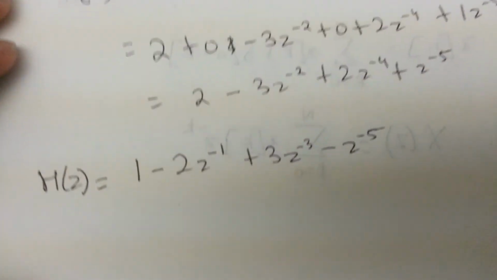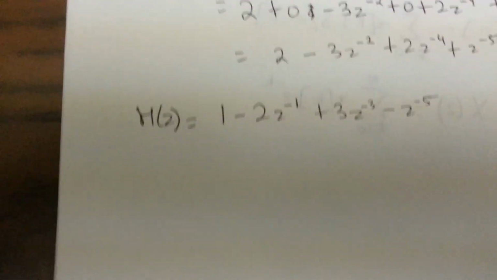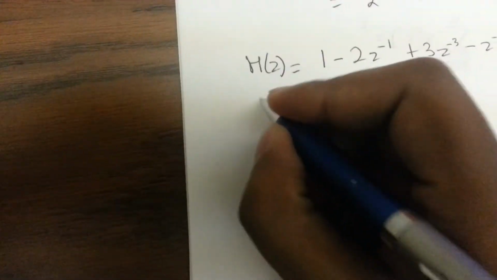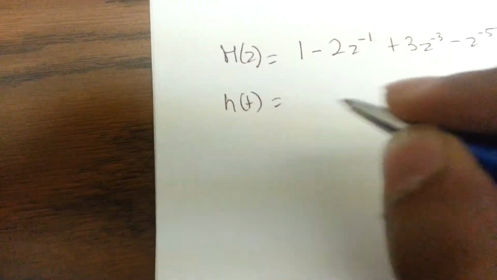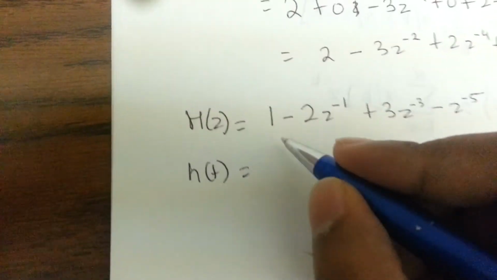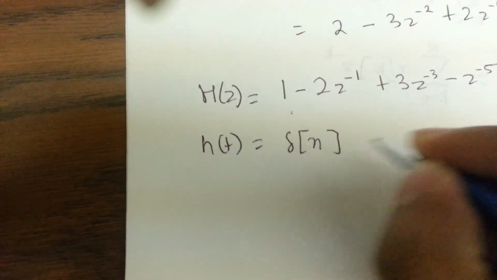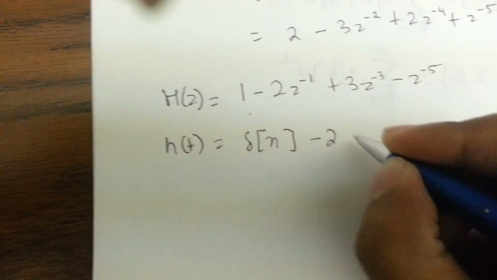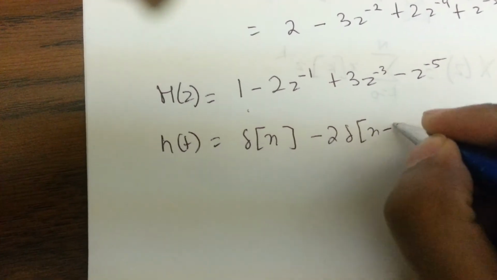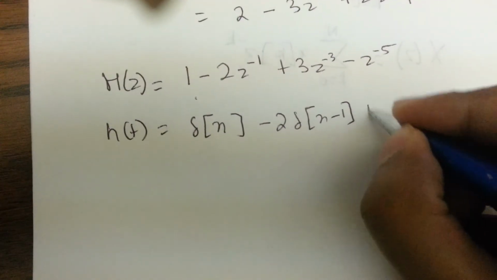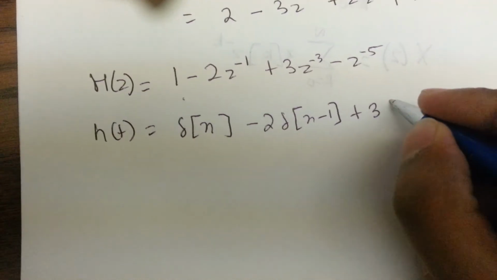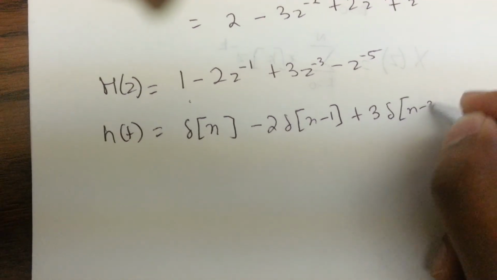When we translate this to the time domain, this becomes h of n, and this will become an impulse of n, and this is minus 2 times the impulse of n minus 1, and this will become plus 3. Again, the same thing happens.